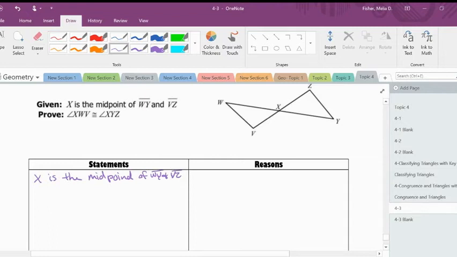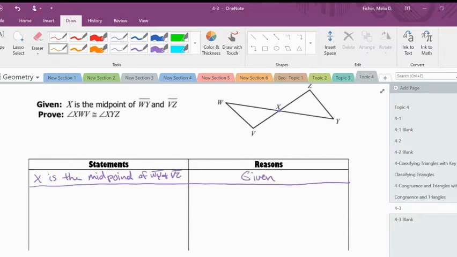So X is a midpoint of those two lines. That was our given information. From that, we determined that this part and this part are congruent, and this part and this part are congruent. So we will say that WX is congruent to YX.